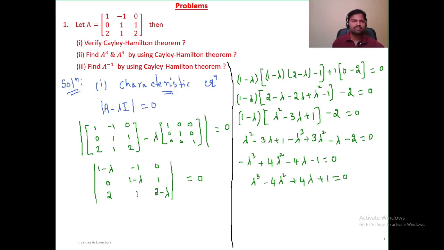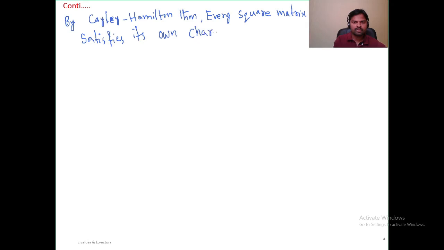Now the first question, verify Cayley-Hamilton theorem. So does this matrix satisfy this equation or not? That's what. So therefore by Cayley-Hamilton theorem, write in next page. So by Cayley-Hamilton theorem, its own characteristic equation, right?